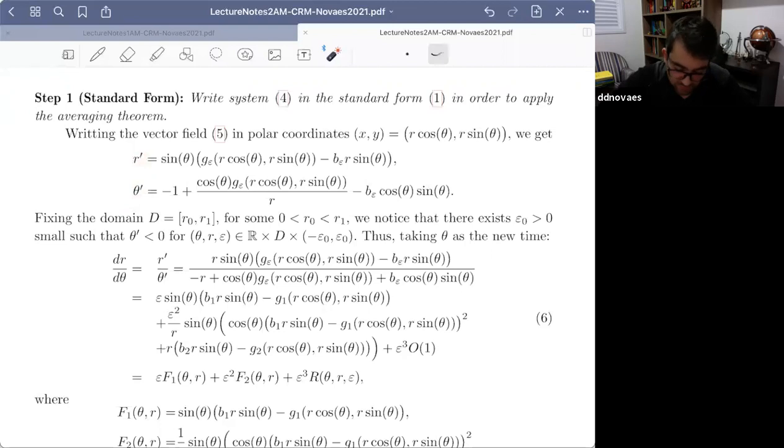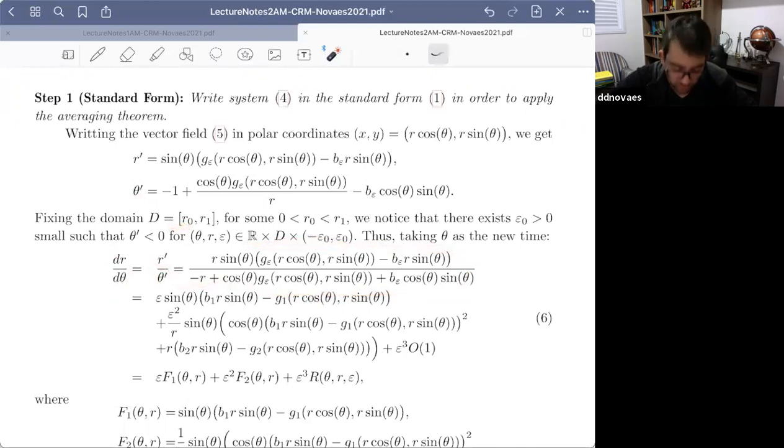Doing this, we get a non-autonomous, one-dimensional differential equation that provides the variation of the radius with respect to the angle, instead of the time. When we do that, we see that this derivative is written like this, and it can be done without any problem, because theta prime is always distinct from 0 in this domain.